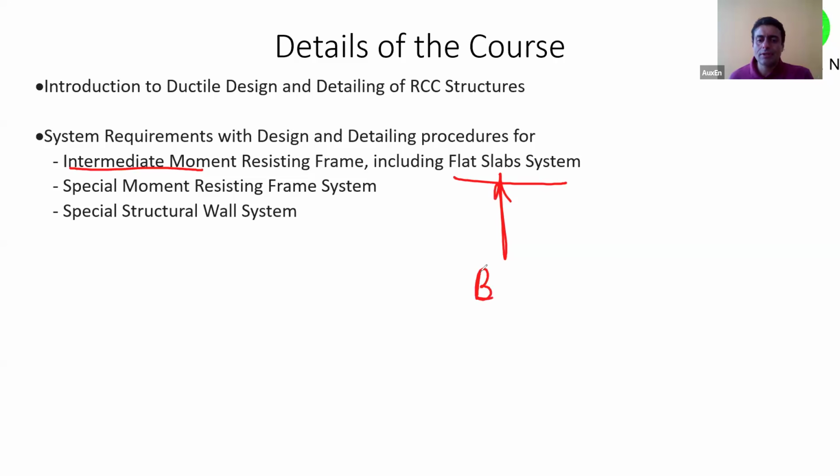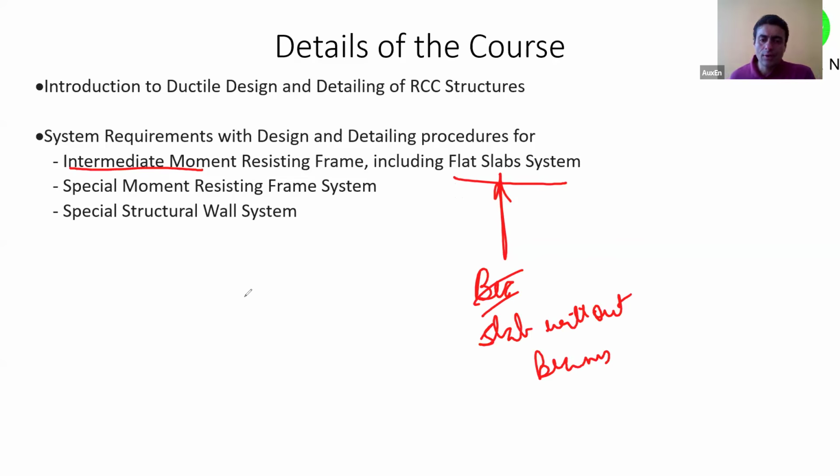So in IMRF, you have a system which is a slab without beam system. I don't know if you have seen that, slab without beams. So what does slab without beams mean? Slab without beams will mean our flat slabs. So in the Indian standard, what is there right now? The requirement is that if you are having a flat slab system, it has to have structural walls with it.